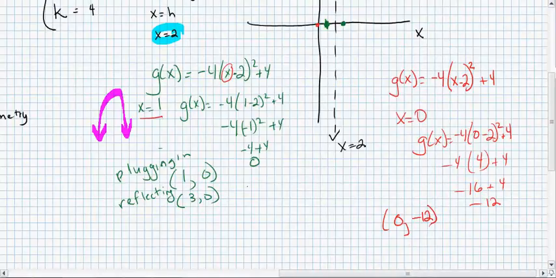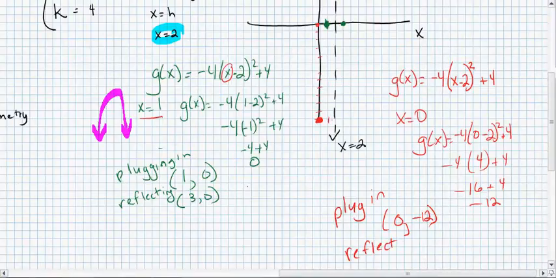Let's go ahead and graph that one. So 0 and then down 1, 2, 3, 4, 5, 6, 7, 8, 9, 10, 11, 12. And this I got from substituting, plugging in, and now I'm going to get one by reflecting over that axis of symmetry.